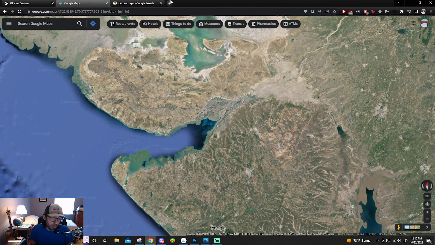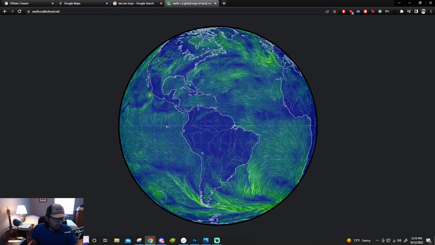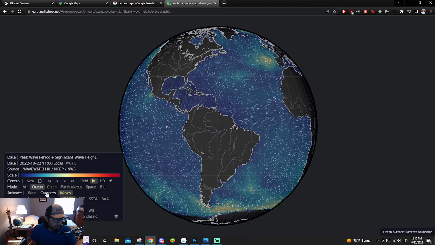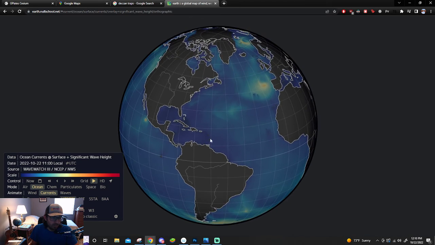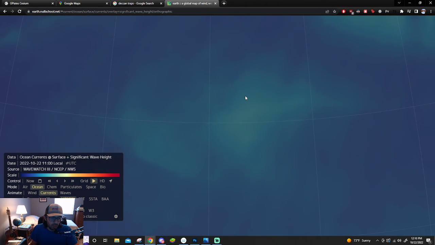flowing through it. So this is a good time to pull up this map. It's flowing like this.